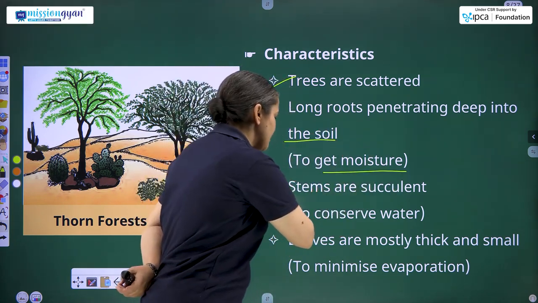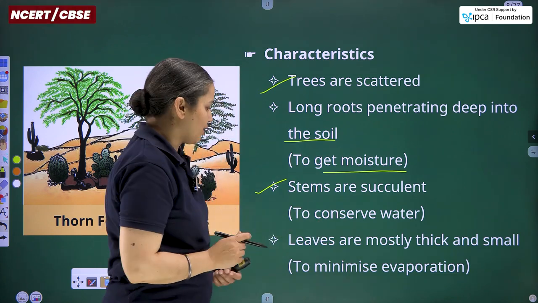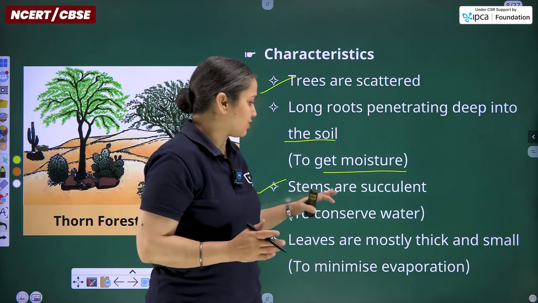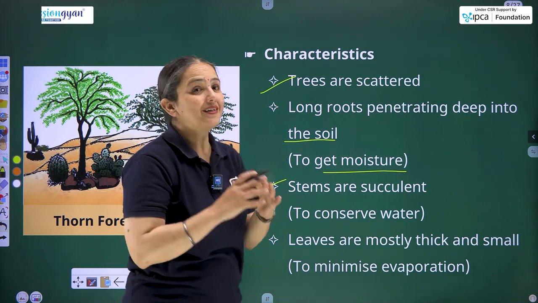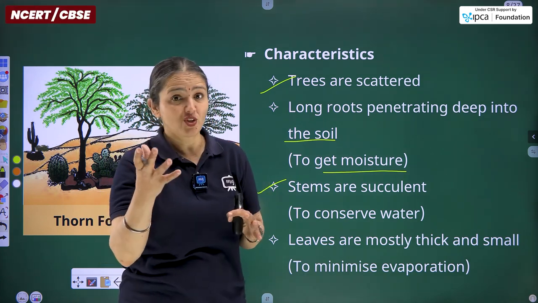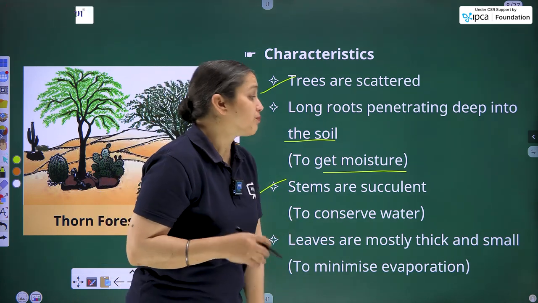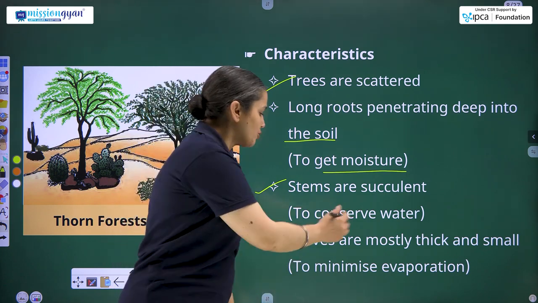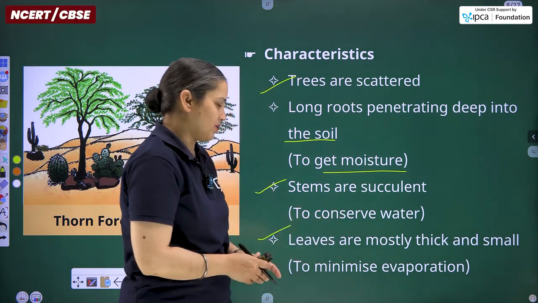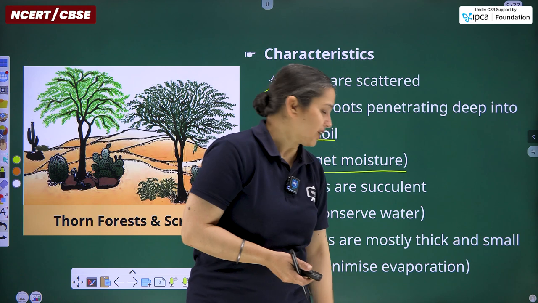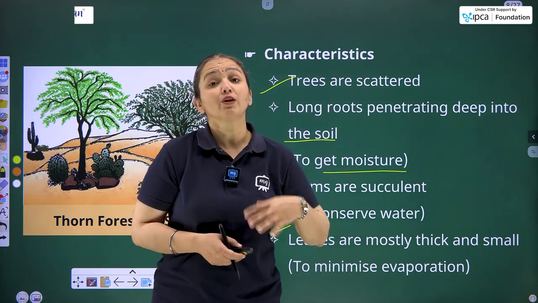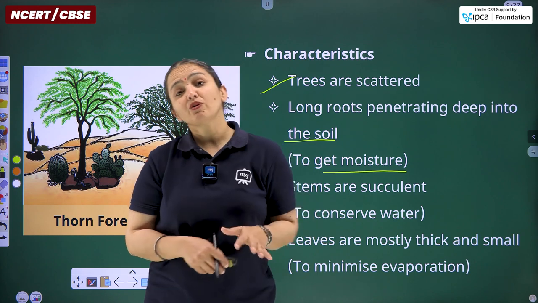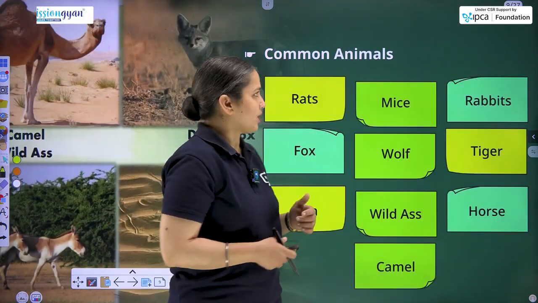Stems are succulent to conserve water, a prominent feature, so that they can store water for the harsh dry region. Leaves are mostly thick and small to minimize evaporation. If they weren't thick, the evaporation process would speed up and the plants would not be able to survive for a longer duration.